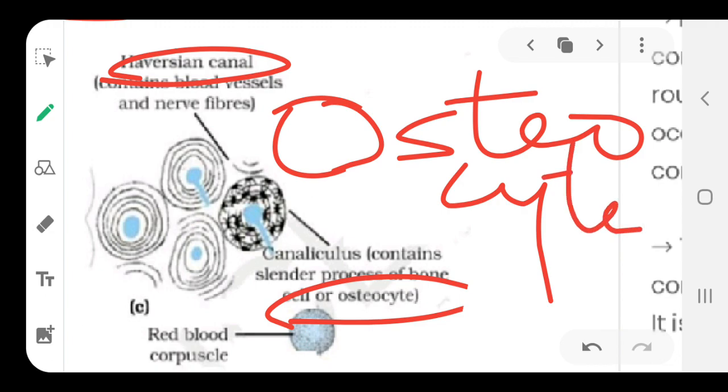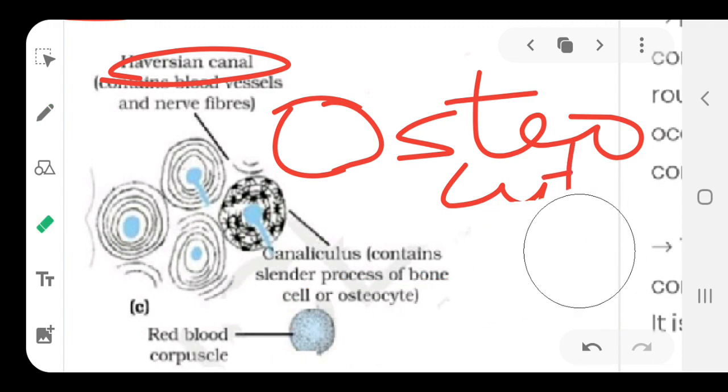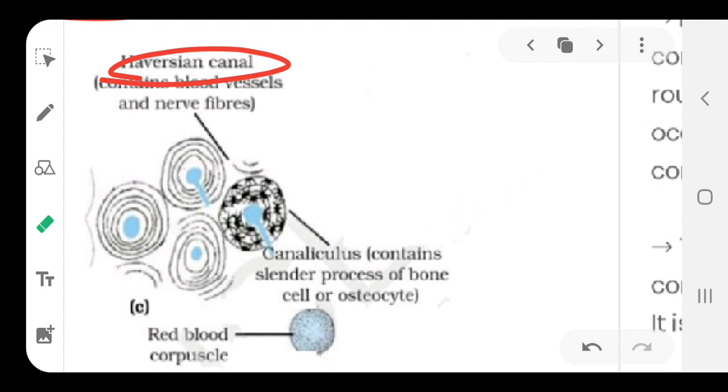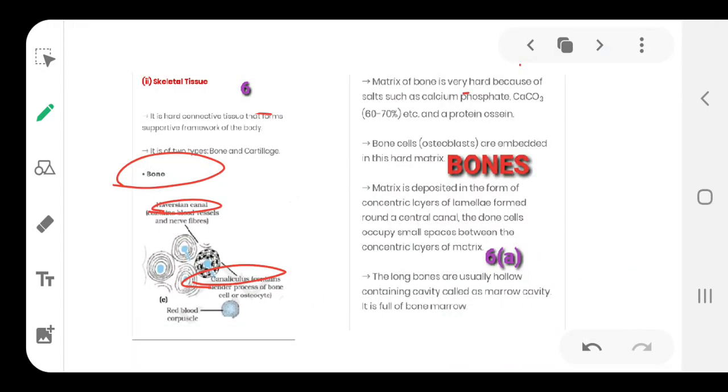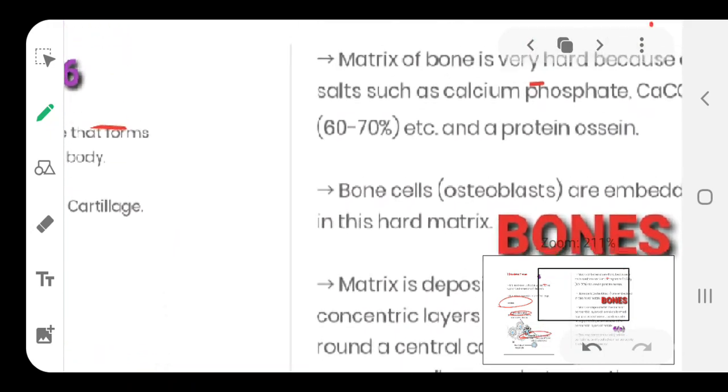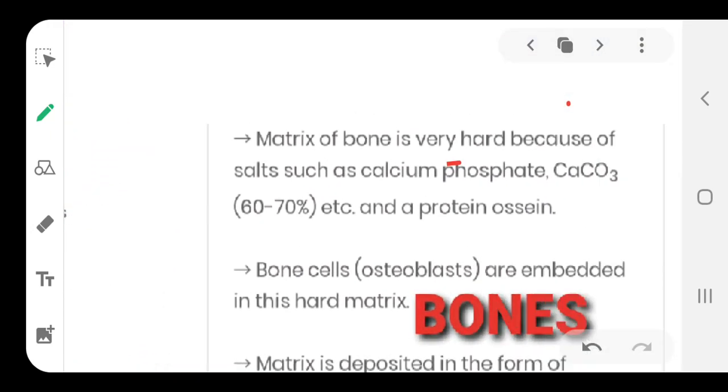Osteocytes are the bone cells. Then there is one more word to refer to, called canaliculus. Please check the diagram from the textbook. They are all drawn from your book, and you should know about them in detail.